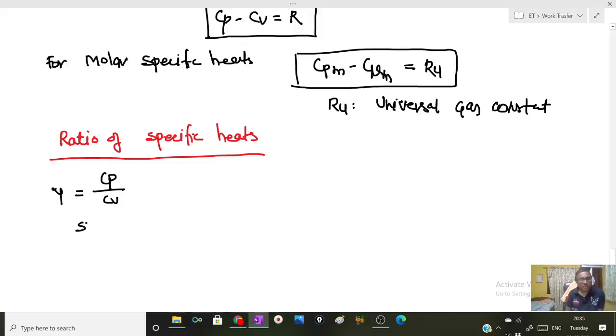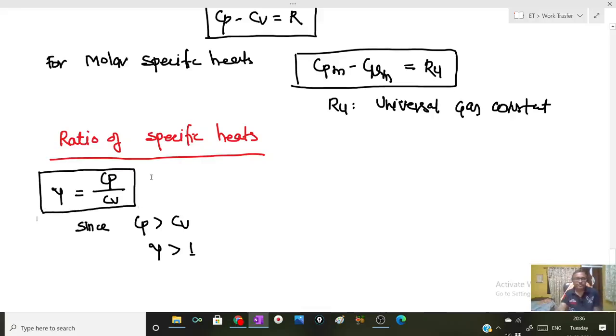Now since value of Cp is always greater than value of Cv, therefore value of adiabatic index is always greater than 1. So this is another relationship between Cp and Cv in terms of adiabatic index gamma.